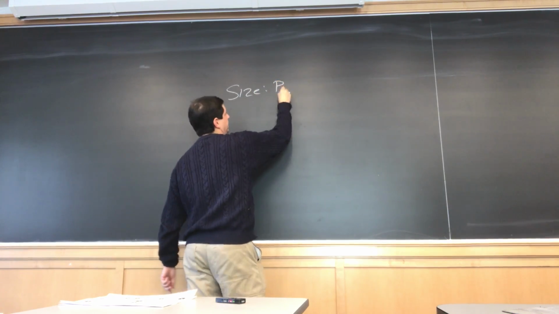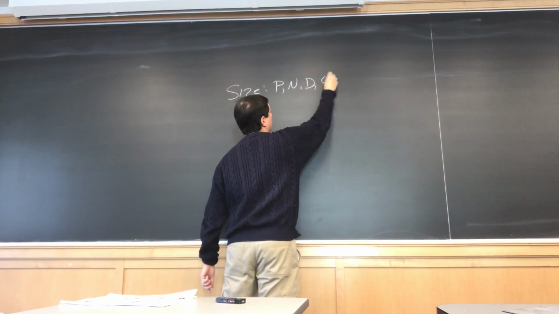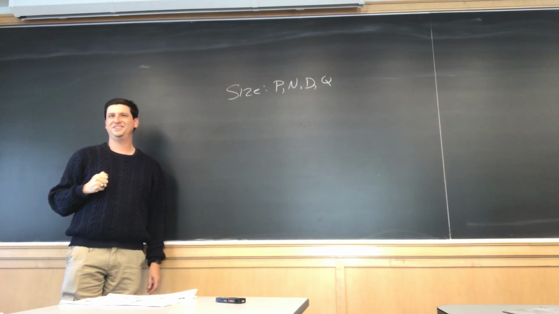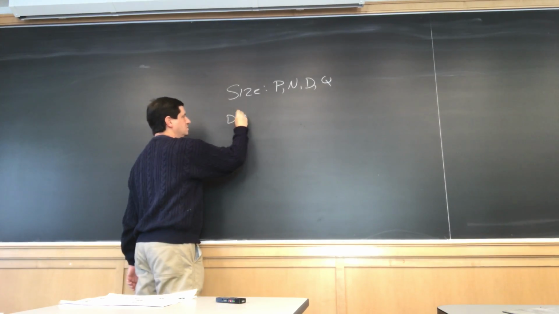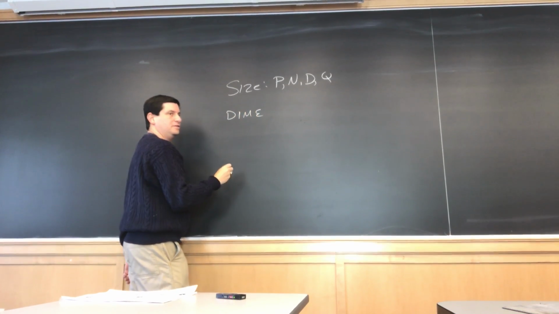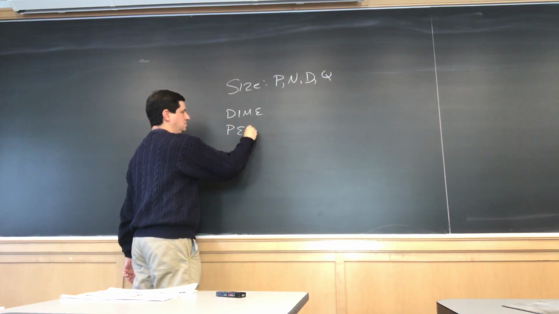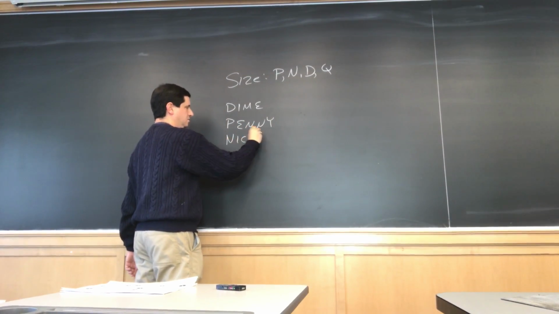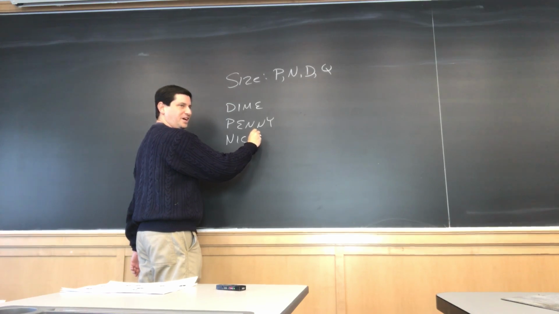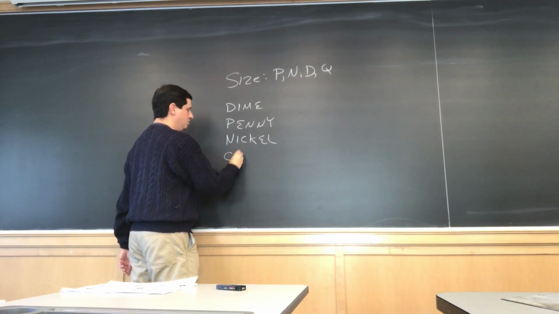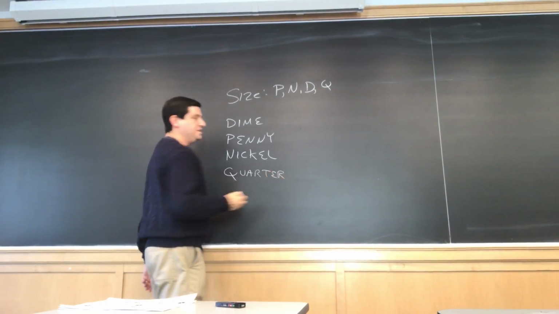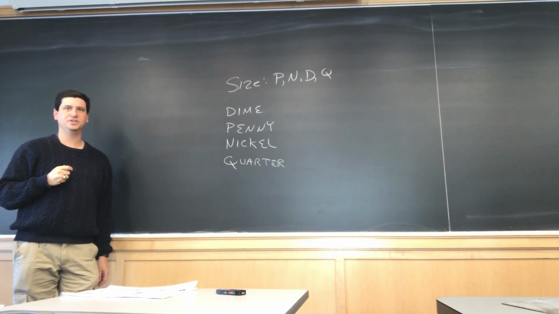Which is smallest, which is largest? Dime, then penny, then nickel, and then quarter. I think the dime and the penny are fairly close.